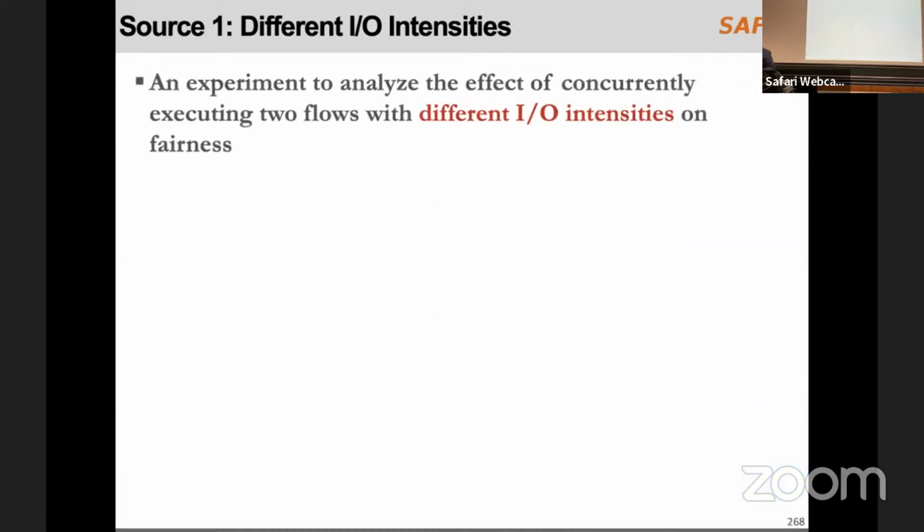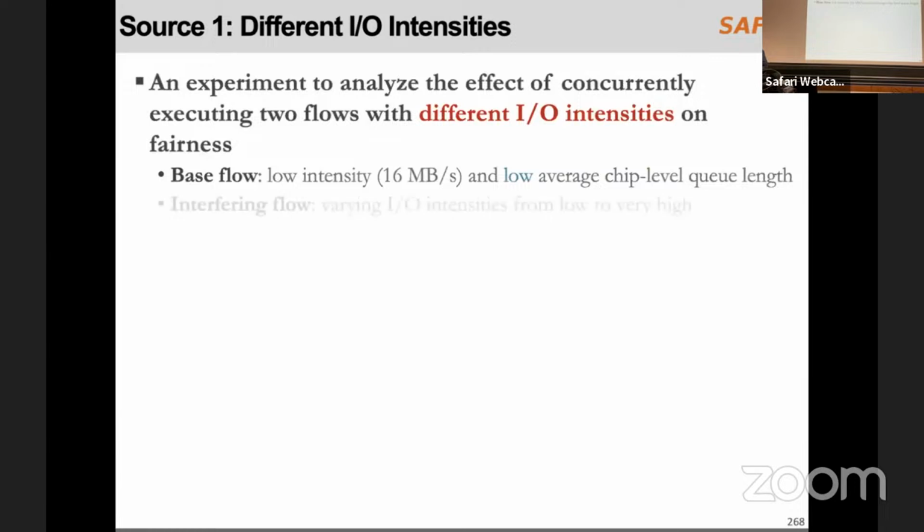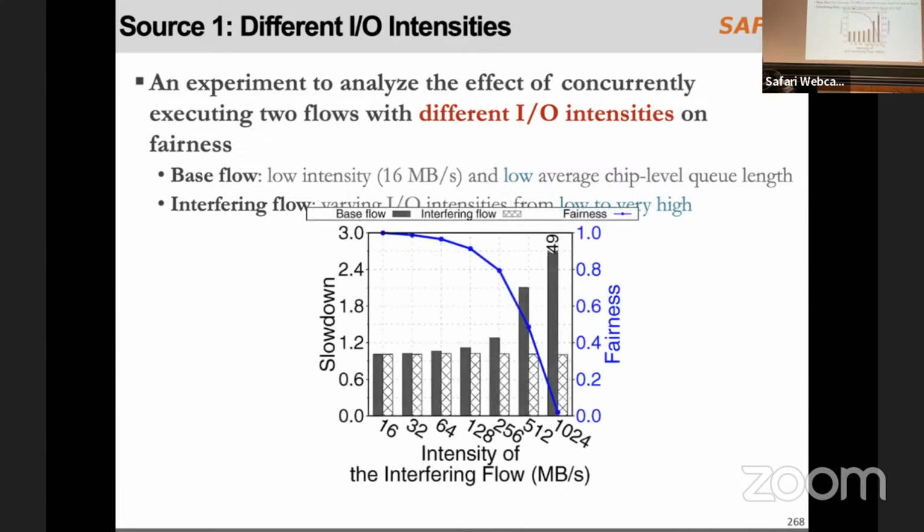Now things get interesting when we combine two applications with different intensity. We have one base flow, which is low intensity, 16 megabytes per second, and an interfering flow whose IO intensity we can vary from low to very high. When both applications have similar intensity, we don't observe any slowdown, and fairness is good; we have a fairness of one.